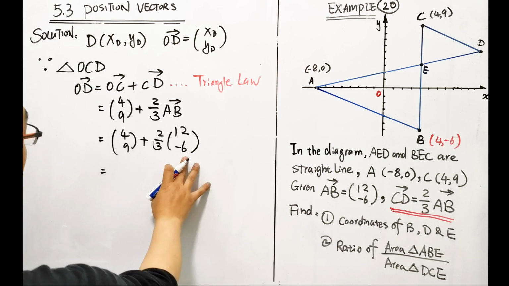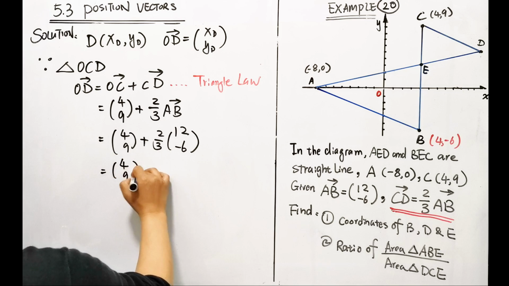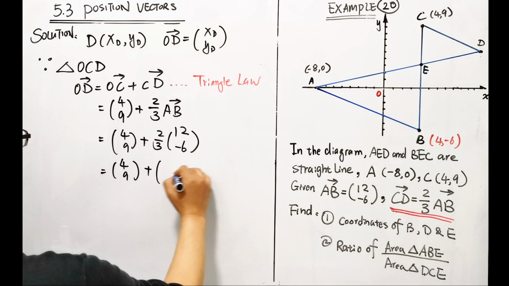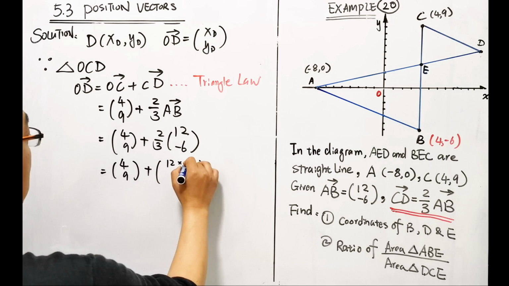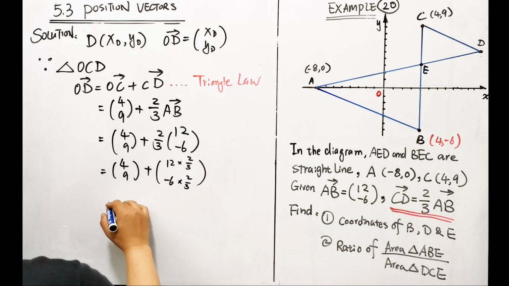Now we do the multiplication of this vector. So 4, 9 plus, we bring them in. On top is 12 times 3/2, and minus 6 times 3/2. So what do we get?